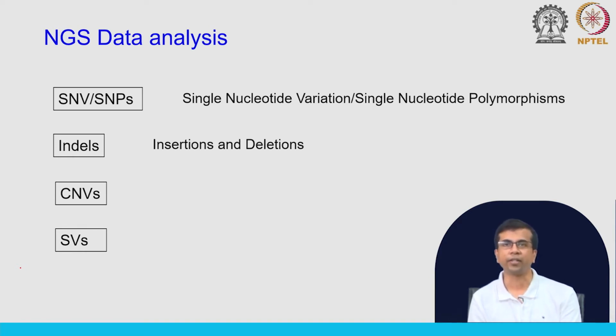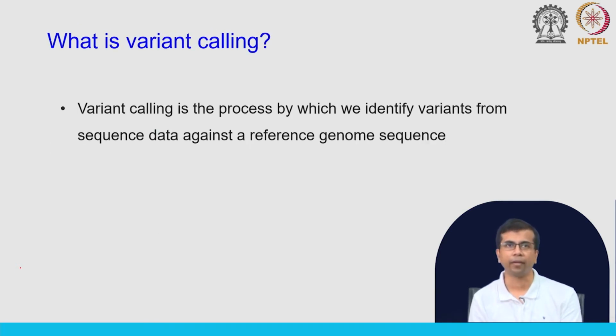Then you have insertions and deletions, which are called indels in short, and we have then copy number variations or CNVs, and we have structural variations or SVs. So, we will come across all of these one after another, but today's discussion will be mostly focusing on SNPs, and I will also introduce SVs and CNVs very briefly.